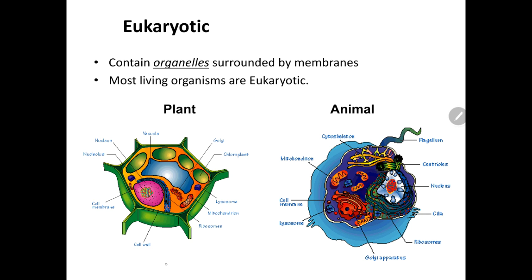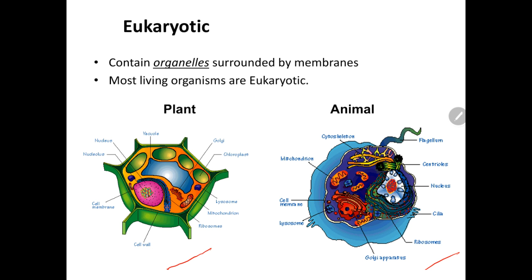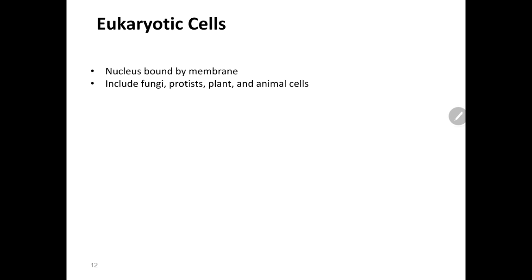This is the cross section of a plant cell and this is of an animal cell. Eukaryotic cells have a nucleus bound by a membrane. They include fungi, protists, plant and animal cells, and possess many organelles.